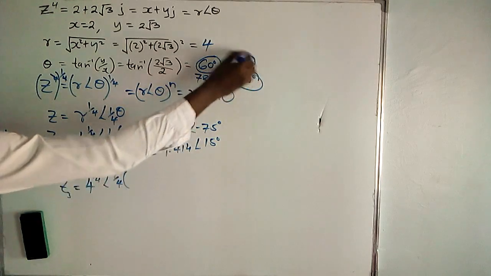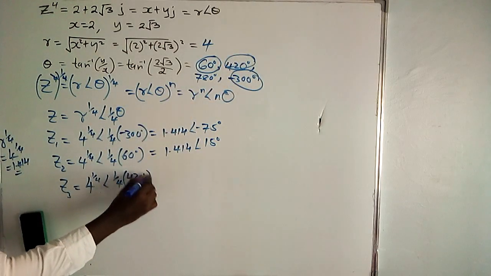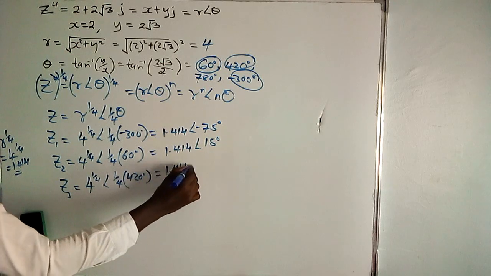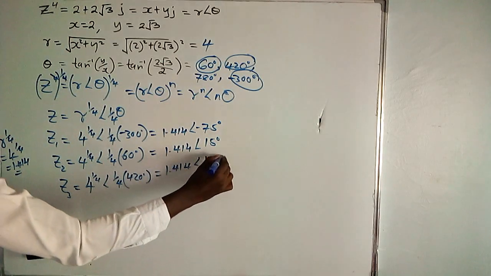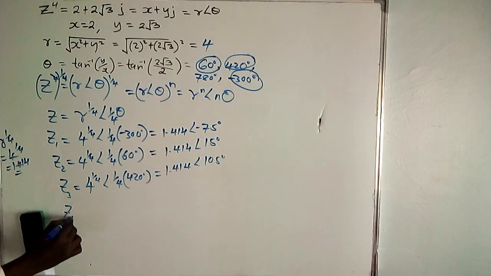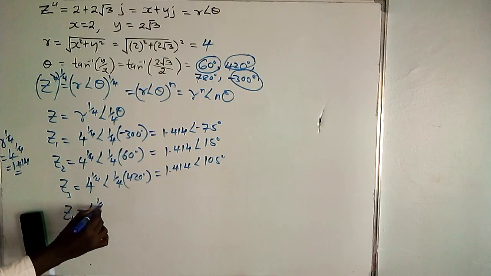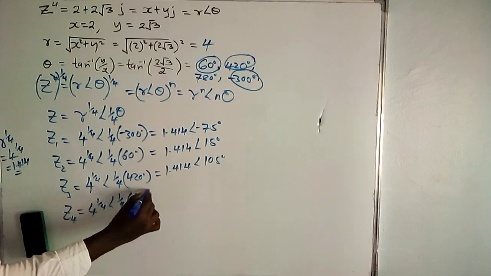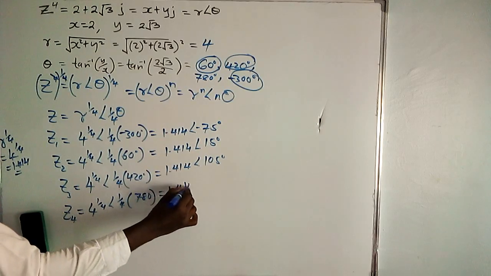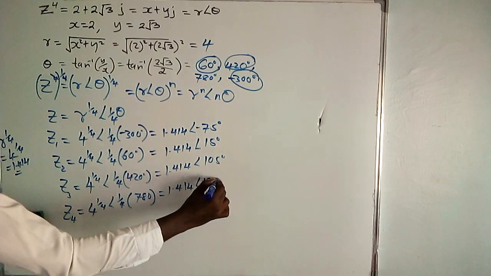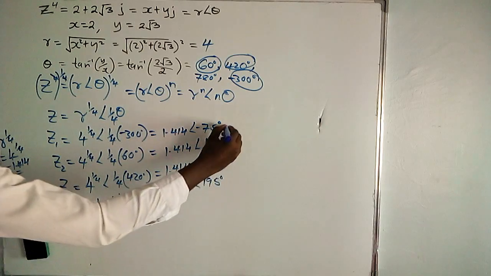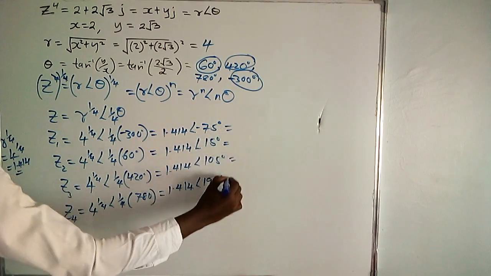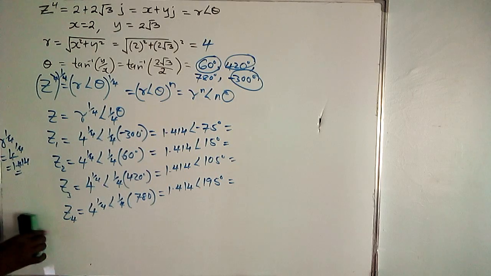A quarter of 420 degrees is 105 degrees. Then go to the next value, z4. R raised to power quarter is 1.414. Then take the next value of theta, 780 degrees. A quarter of 780 degrees is 195 degrees.